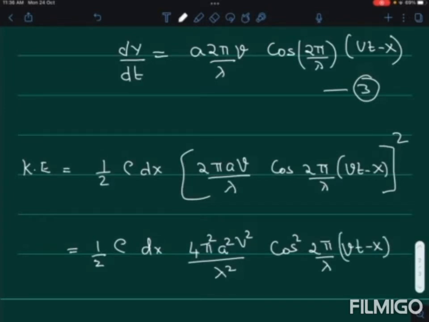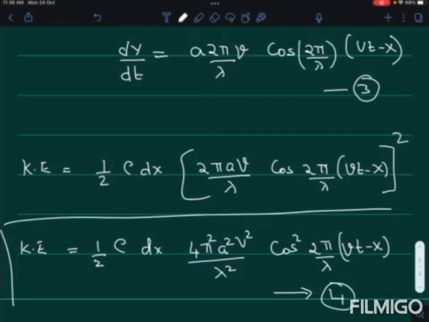Let's put this as equation number 4. So we have got our kinetic energy as half rho dx into 4π² a² v²/λ² into cos² (2π/λ)(vt − x).